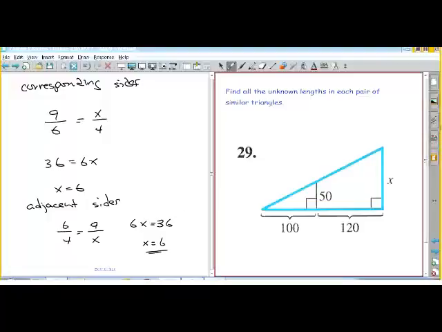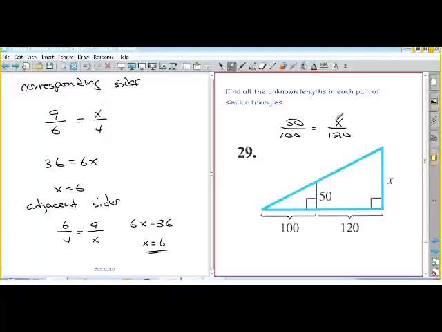I'm showing you it's wrong so you don't do it wrong. You do it the right way. What they'll do is something like 50 divided by 100, which is these two sides, is x divided by 120. Because they'll just think, oh, you have similar triangles, there are 4 numbers, I'll take some ratios, I'll be able to get the answer.